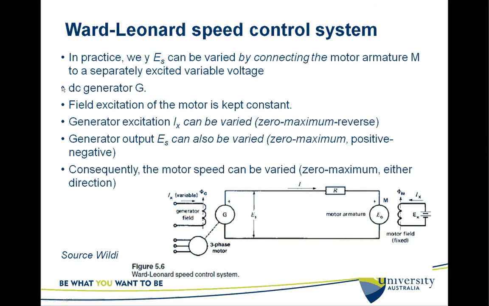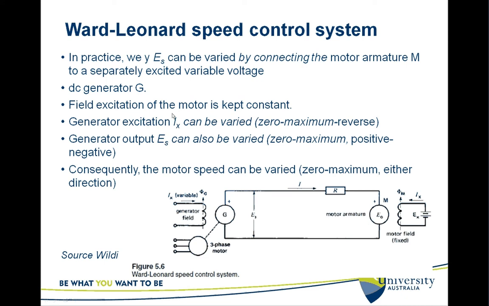Here there is a separately excited DC generator, and this DC generator is run by a three-phase motor. The generator output is connected to the motor, and the motor has a separate field. So this is the motor to be controlled.